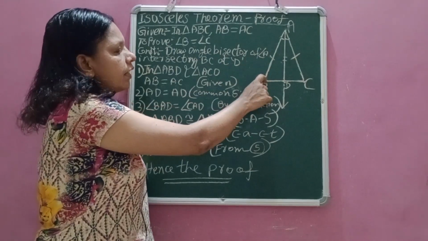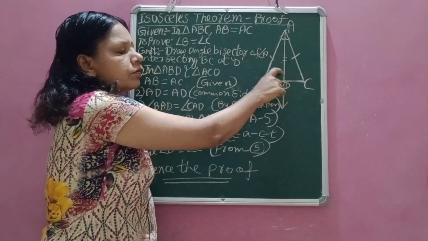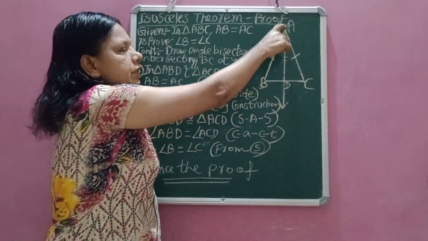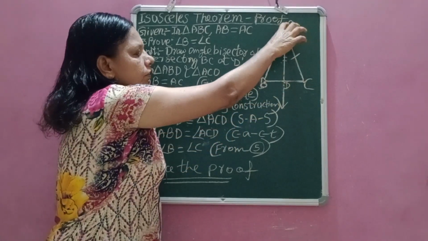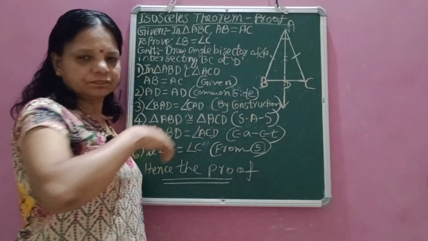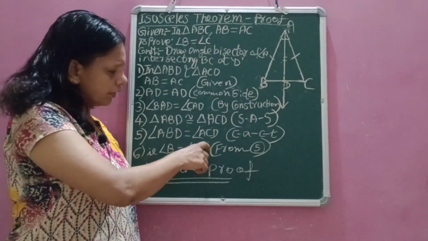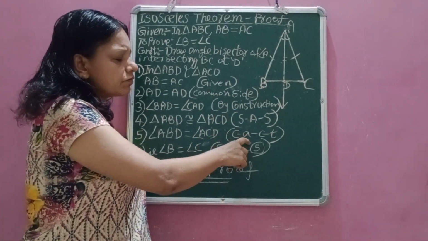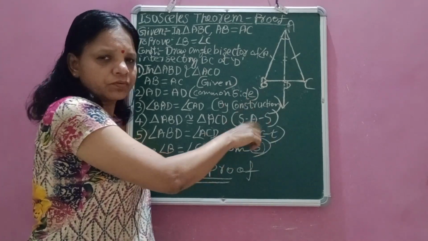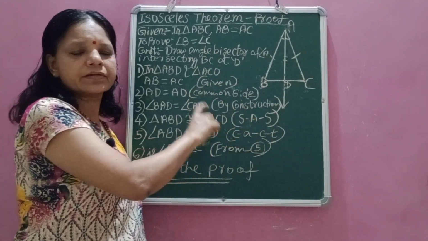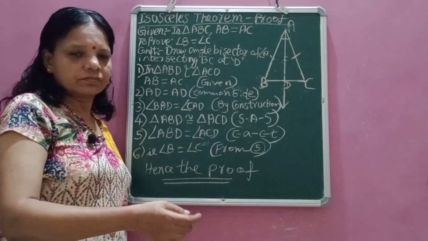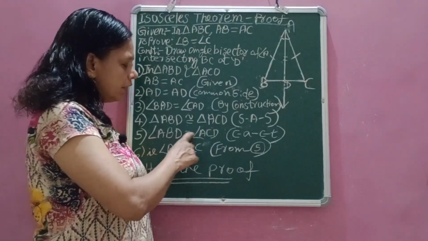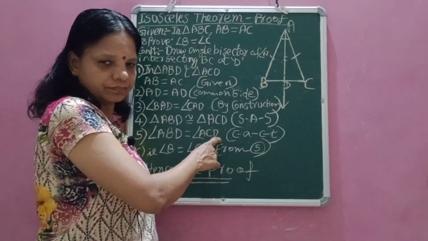So here, angle B with respect to the triangle ABD, mentioned as angle ABD, is congruent to angle ACD. What reason will you write? Corresponding angles of congruent triangles. We proved the triangles are congruent by the SAS test. So the remaining congruent parts are angle ABD and angle ACD.